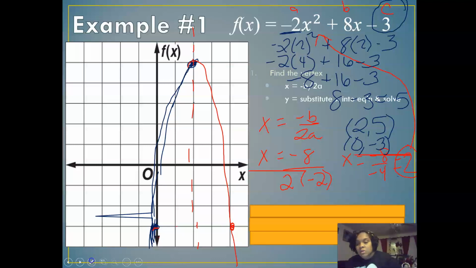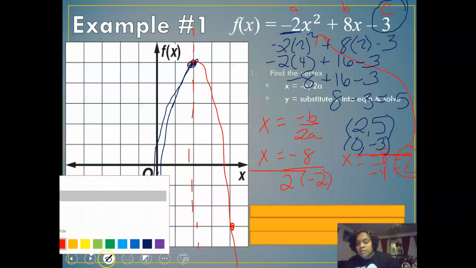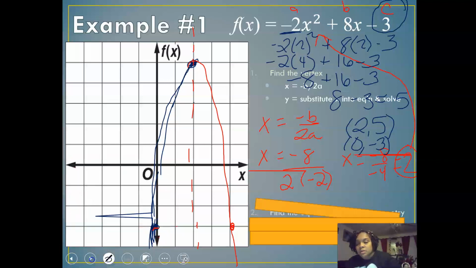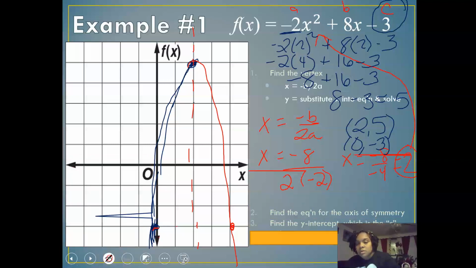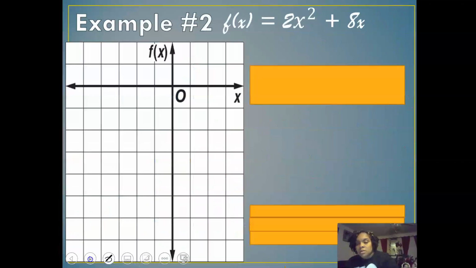All right, so for the second example, we do not have a y-intercept or a c.